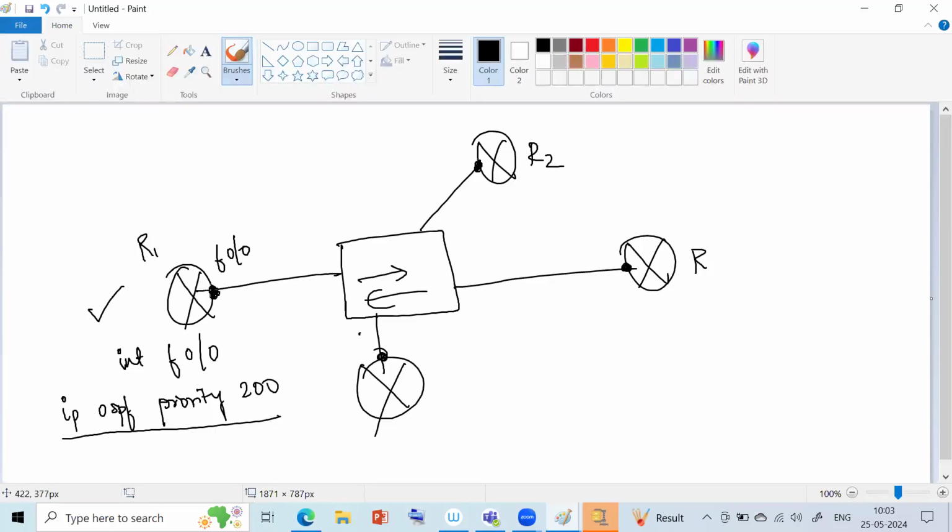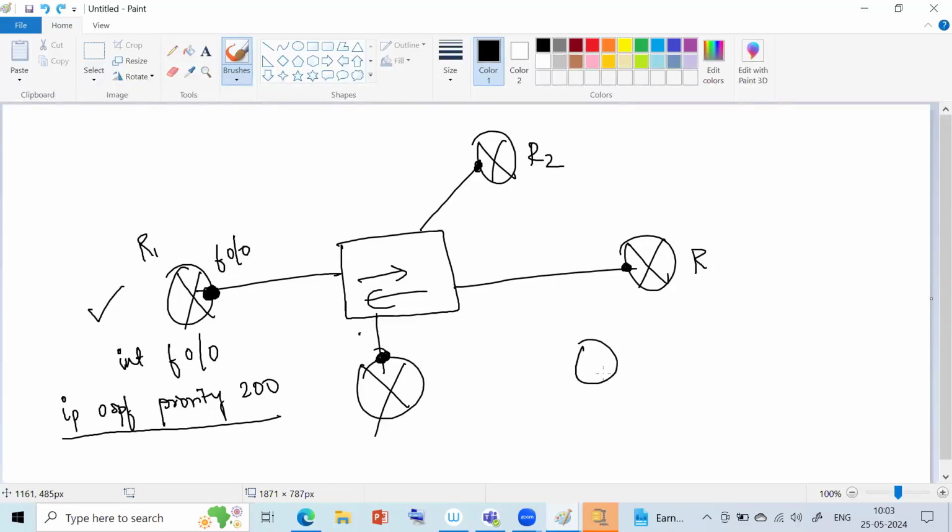Now, you have changed the priority of this one to 200. How will other routers know? Is this a concept where we are doing neighborship with everyone, or is this a concept of DR and BDR? How does it know? Because there are two networks.